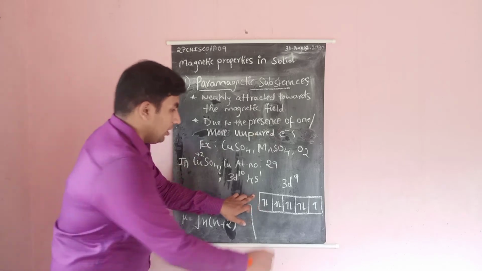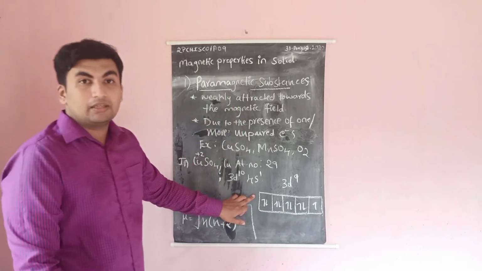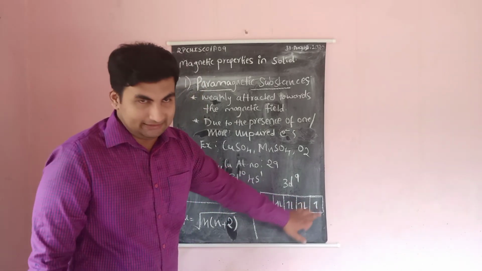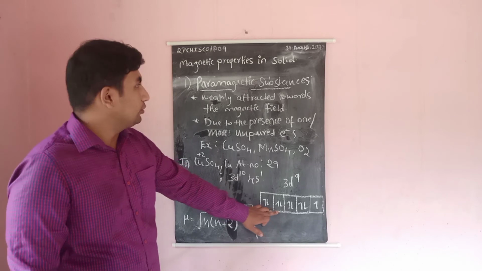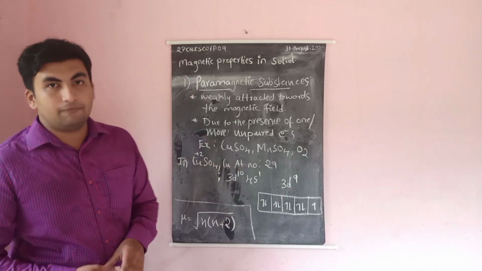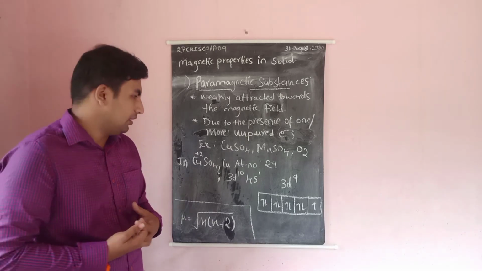So if I arrange the electrons in the 3d shell, one unpaired electron is present, isn't it? Unpaired electron means this copper sulfate shows paramagnetic behavior.